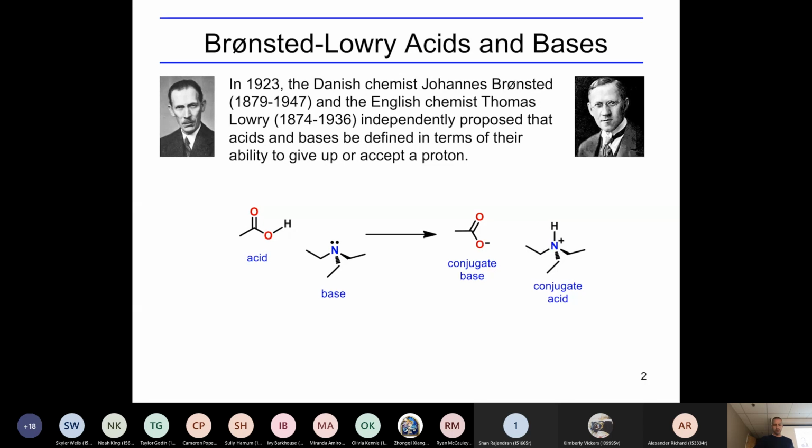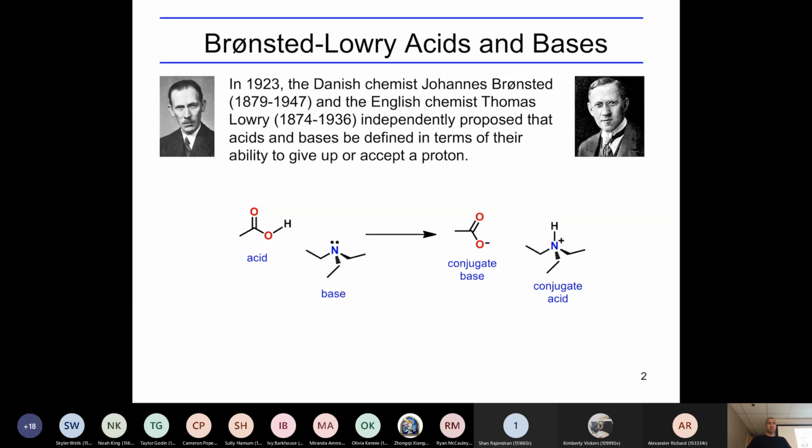In this definition, an acid is something that donates H plus to something else, and a base is something that accepts H plus from an acid. So in a classic example where you add HCl to water, HCl is the acid because it donates an H plus to a molecule of water.